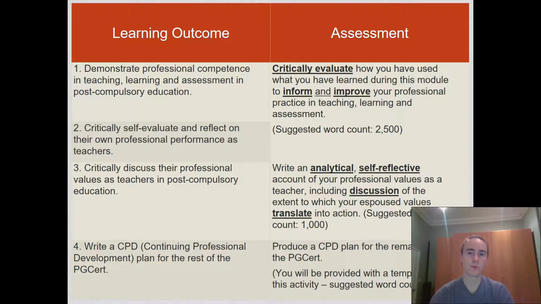Now, typically where people have fallen down or not quite hit the whole thing is where they've done either inform or improve. So either people are talking in a very well informed sense, they're drawing from lots of theories, they've got a sense that they know their students, know their practice, but they don't show how they're getting better, or make comments about what they've learned from a situation or what they would do differently in the future.